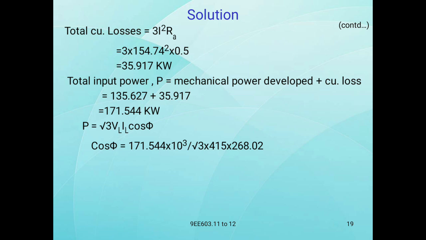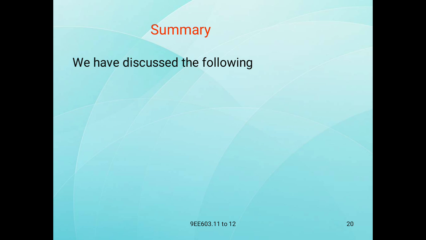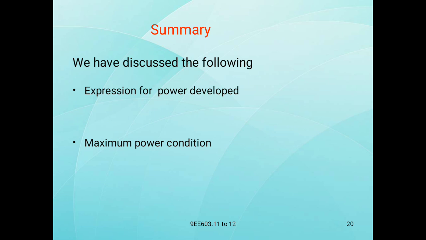By substituting VL, IL and power values, we get cos phi equal to 0.89 leading power factor. So here we have discussed the expressions for power developed and the maximum power conditions. Problem solved on power developed.